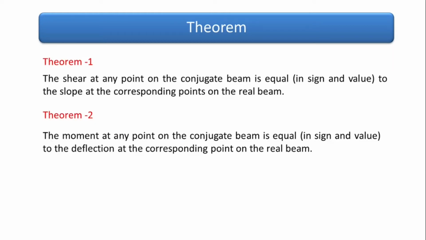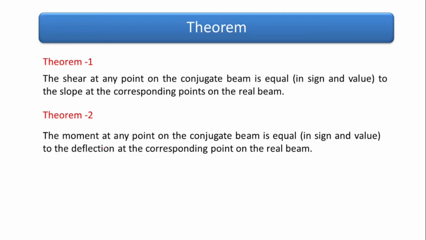So the theorems here. The first theorem says that the shear at any point on the conjugate beam is equal, in sign and value, to the slope at the corresponding point on the real beam. So the slope at any point in the real beam is equal to the shear force at that point in the conjugate beam.